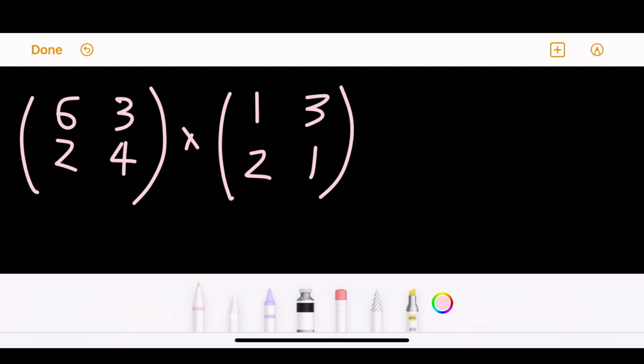If we applied the logic from previous questions, we would do 6 multiplied by 1, then 3 multiplied by 3, then 2 multiplied by 2, and then 4 multiplied by 1. And this would be incorrect, because you need to bear in mind that when we do multiplication, all we do is multiply row by column. So I will multiply. Let me change the color.